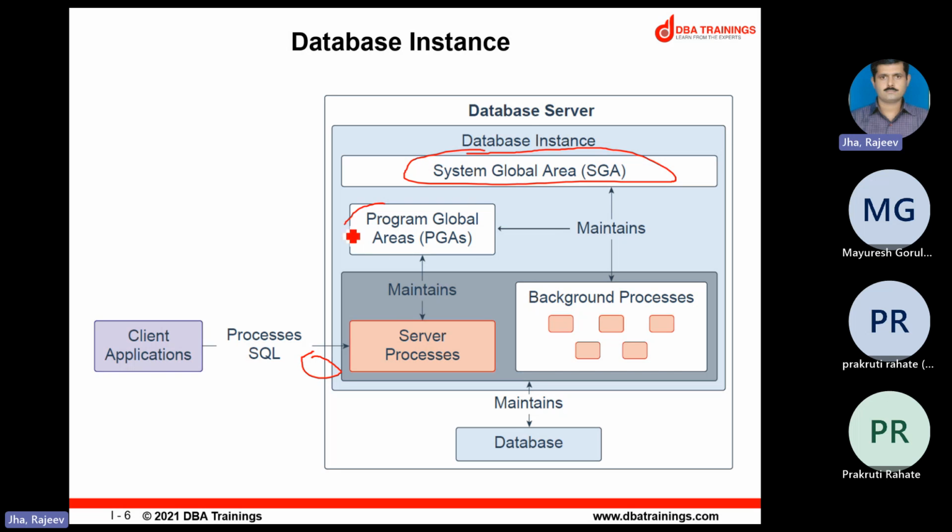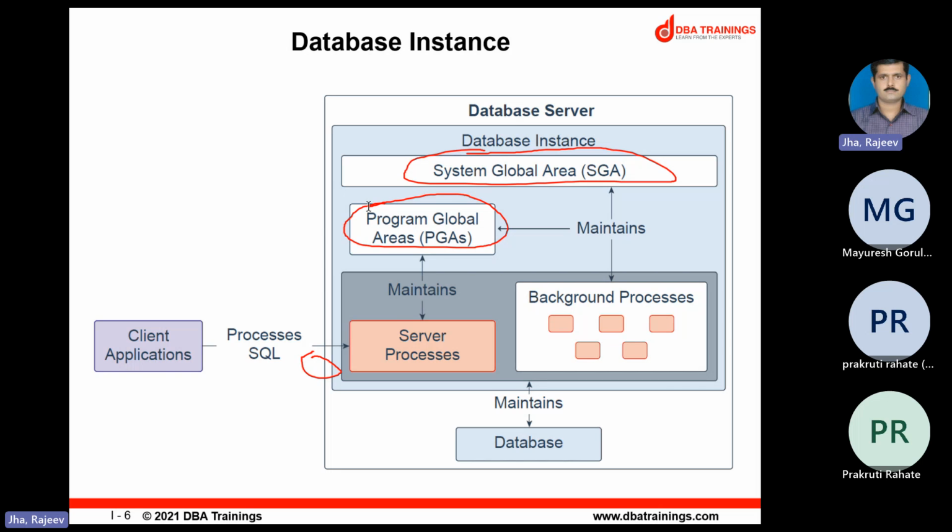Then for each user, we have a PGA. The PGA can be shared or dedicated, because it is called the program global area. In the Oracle database, we have a shared server mode or dedicated mode. In dedicated mode, each user has their own PGA.